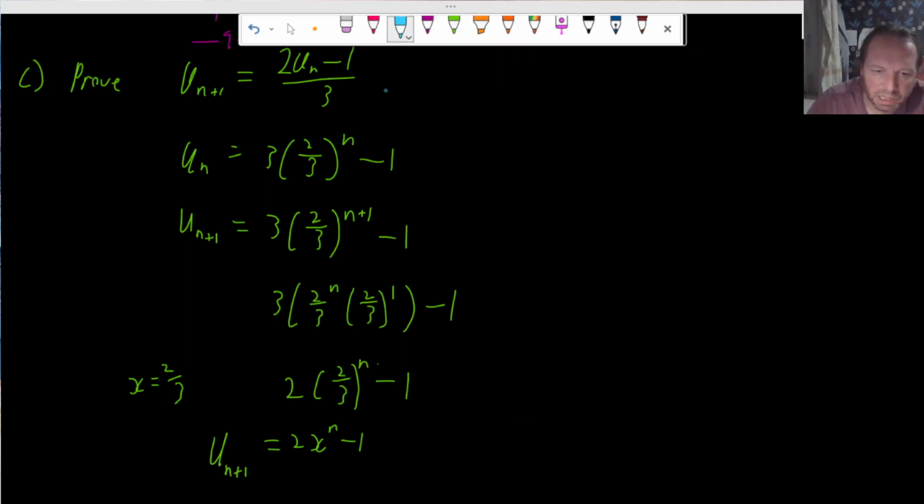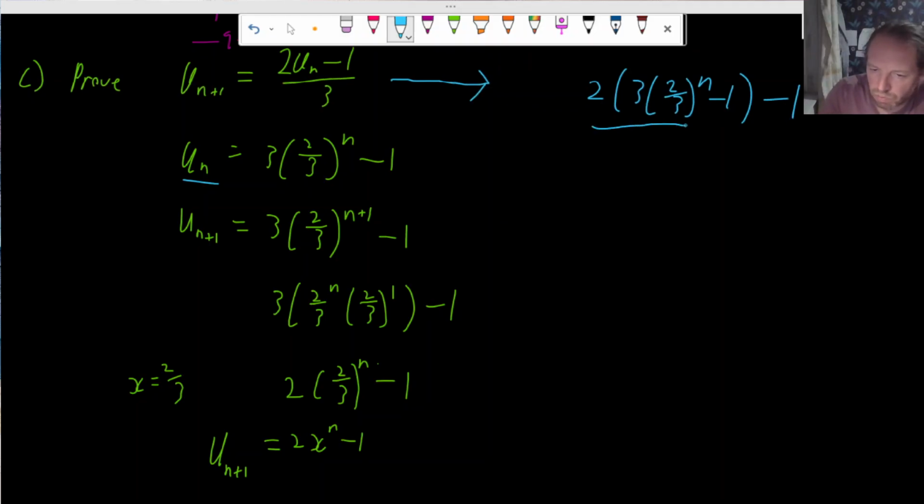So let's consider what this looks like. That is u_(n+1). If I start with 2 and I put u_n into it, I get 2 times 3 times (2/3)^n minus 1, all over 3.